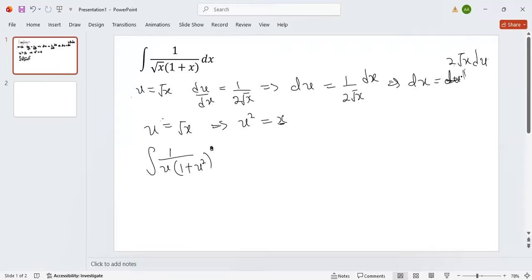But we know that root x is actually equal to u. So this is just like saying dx equals 2u du. So I'm going to put 2u du.